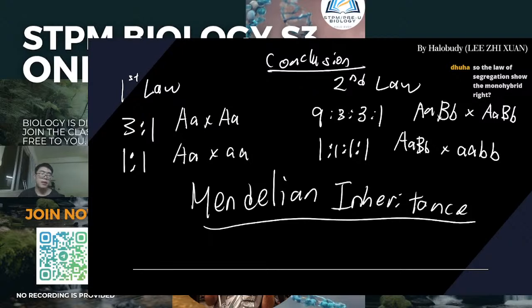Because the non-Mendelian concept is what further scientists did. They found that they also use the Mendelian concept, but the result obtained is totally different from the Mendelian one. They just modified it.